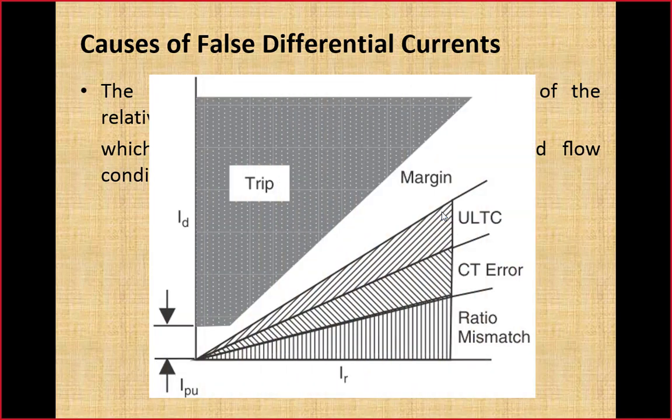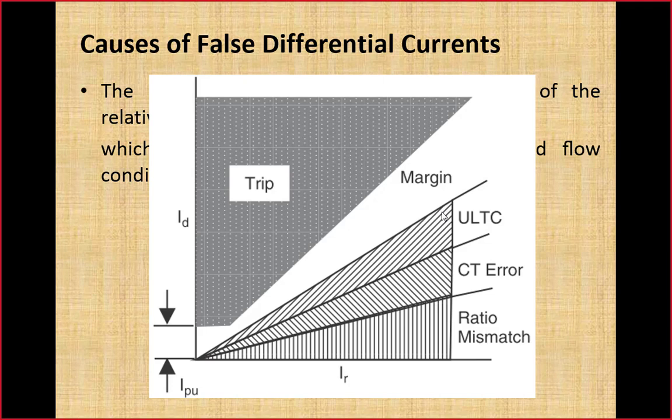So here we have discussed this graph in our last lecture. Here we can see the slope setting of percentage differential relay will make this relay immune to the currents that will flow due to ratio mismatch, CT error and underload tap changer. Because for tripping, the difference current or the operating coil current should be at least equal or greater than a set percentage of retaining coil current.